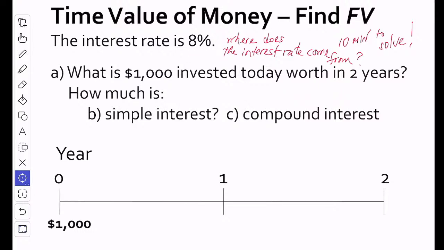So it implies that I'm looking at $1,000 that's going to earn 8% each period. And I'm going to leave it there for 2 years.